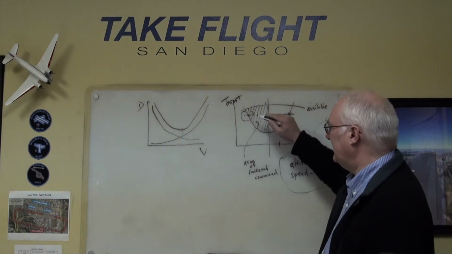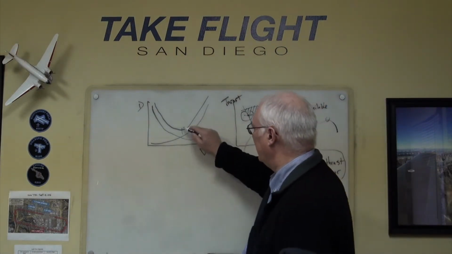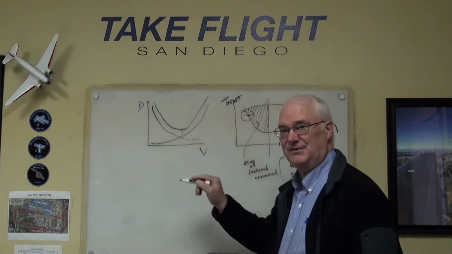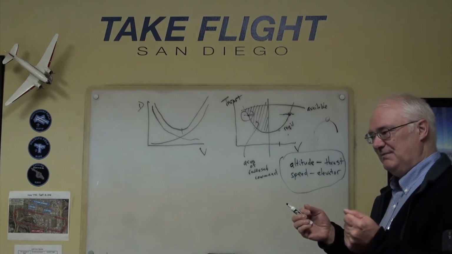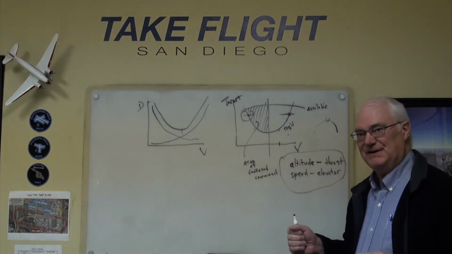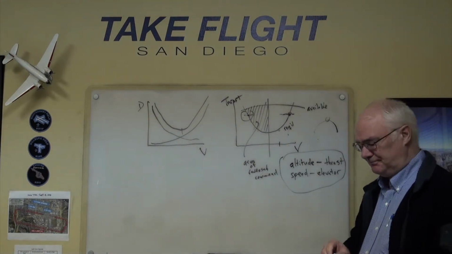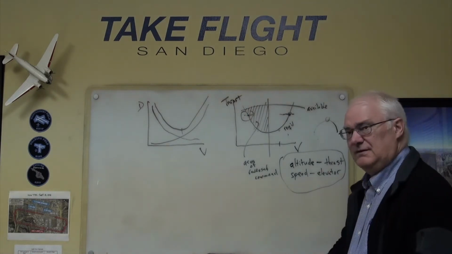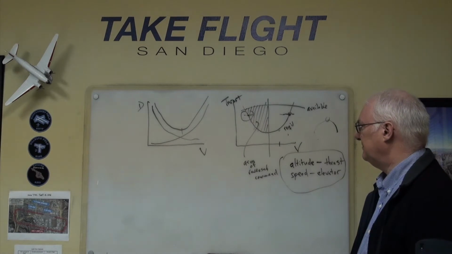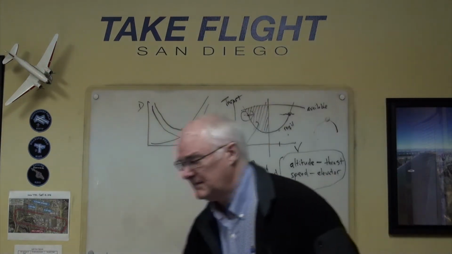To go slower, it actually takes more thrust. And the whole reason is, back to this drag curve, this induced drag is increasing dramatically as you go slower. So to go slower, your drag is increasing. You actually have to increase power to do that and maintain altitude. That's great. I think that's an explanation of why you drew the drag curve. Yeah. Induced drag goes up dramatically in the region of reverse command.